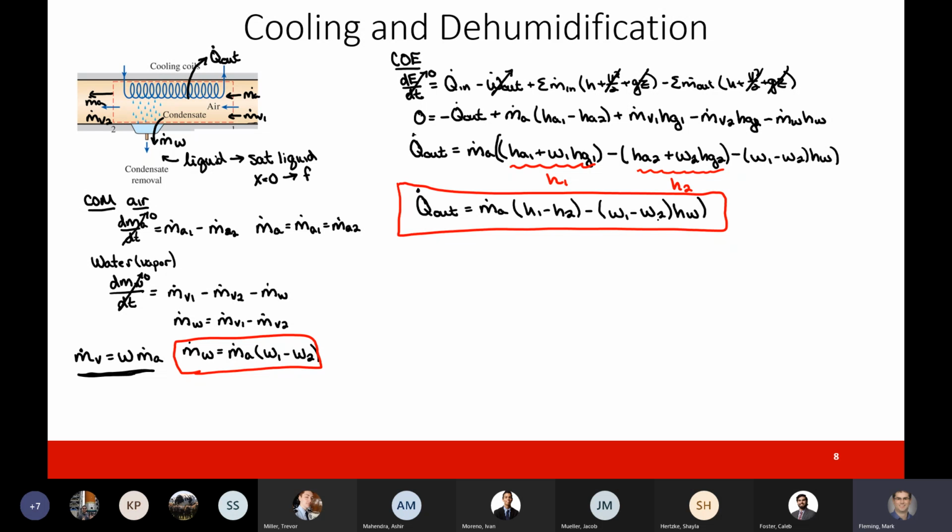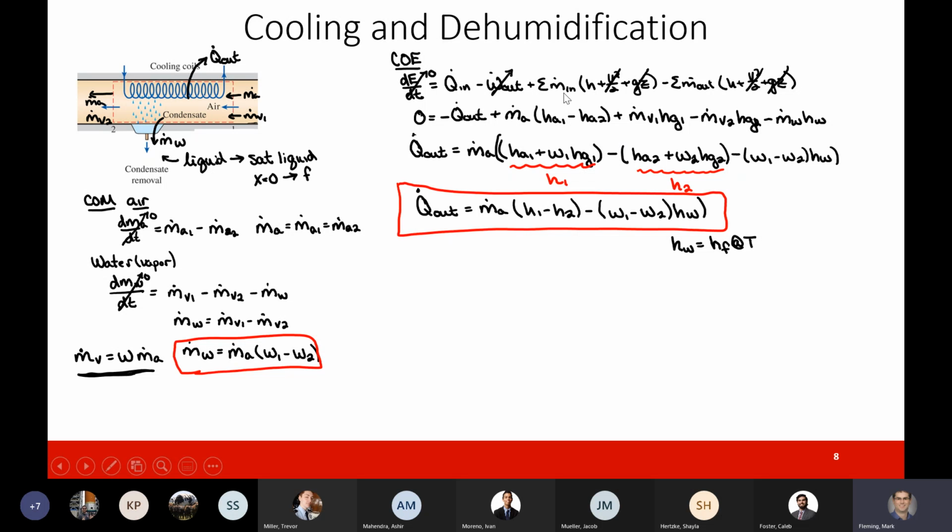So in this case, the enthalpy of the water that leaves will be the enthalpy on the liquid side of the table at the given temperature, so at whatever temperature it leaves at. So we'll have another table lookup that we need to do. But once we have that, we'll be able to complete the cooling and dehumidification calculation.